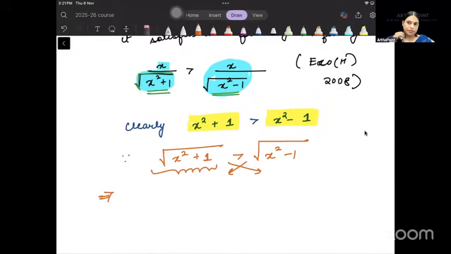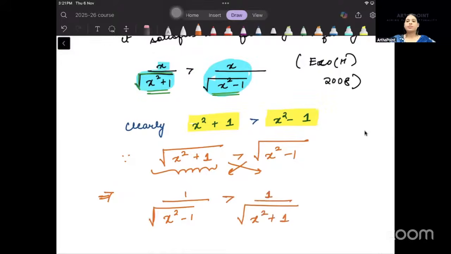If I take reciprocal, I will get that 1 upon x square minus 1 under root will be greater than 1 upon x square plus 1 under root. इतने में मैं कुछ नहीं कर सकती हूँ. We cannot do anything about it.